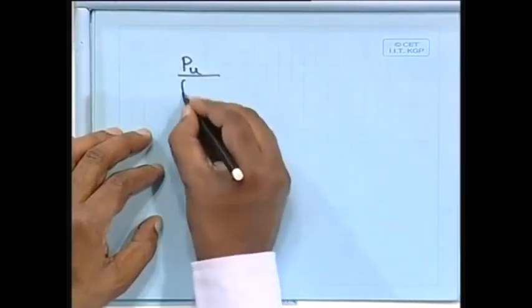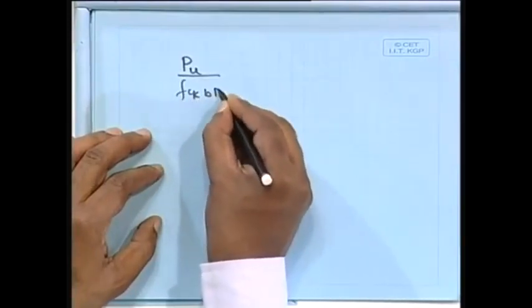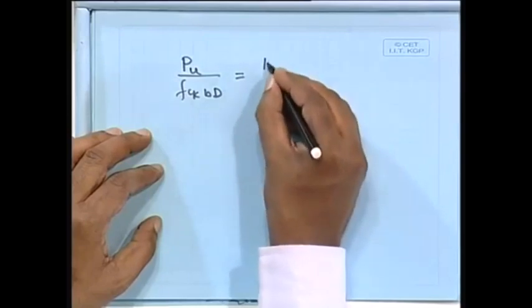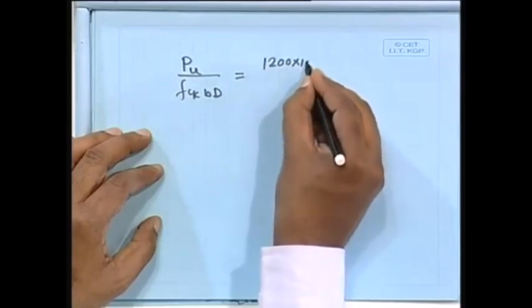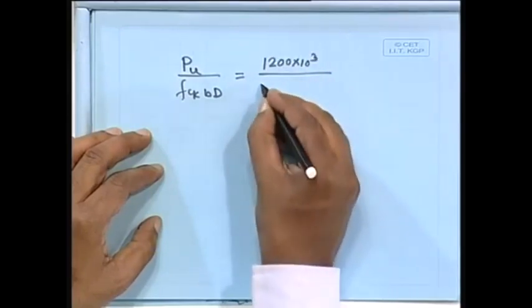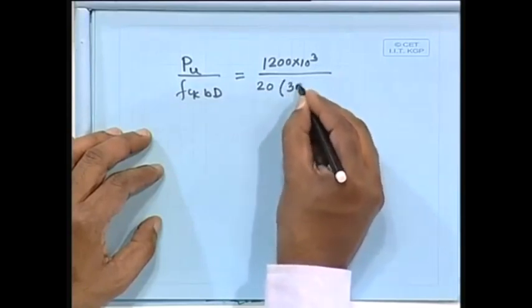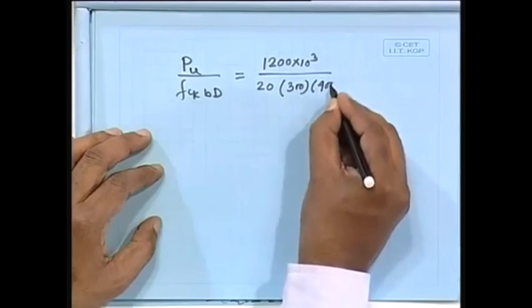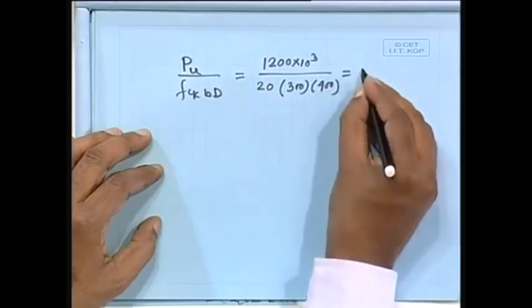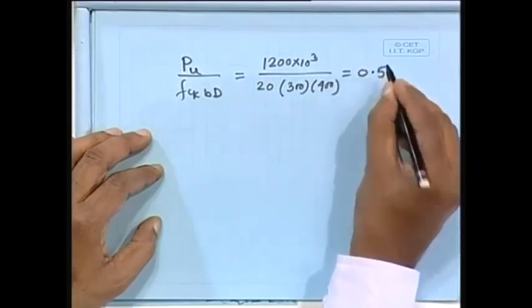Pu by fck bD. Pu equal to 1200 into 10 to the power 3 divided by 20 times 300 times 400, which comes as 0.5.